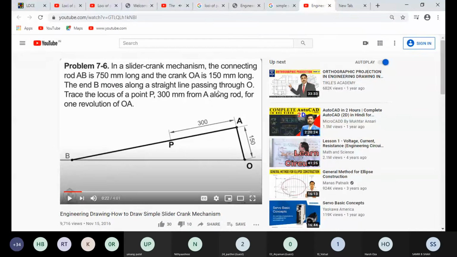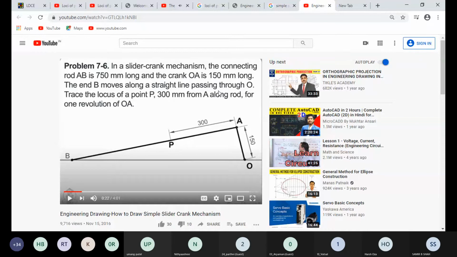Okay, here you can see 150 mm. So you can consider that 1 centimeter is equal to 100 millimeter. You may take the dimension or scale as per your requirement.